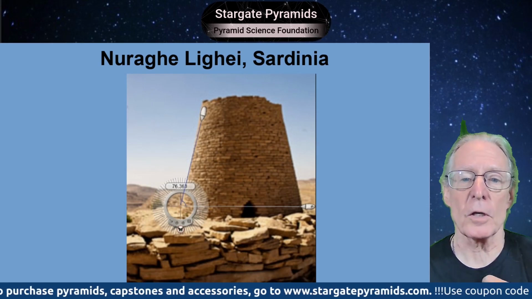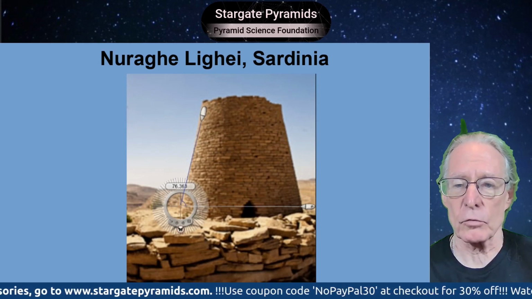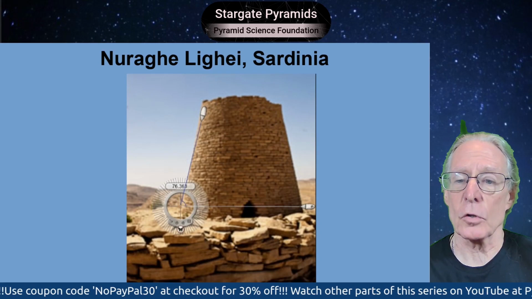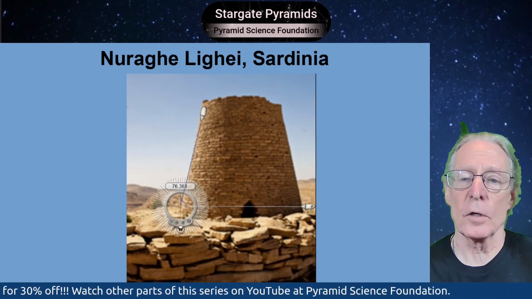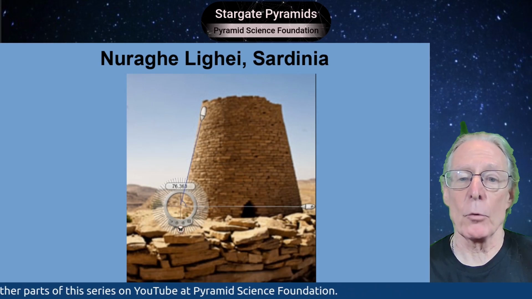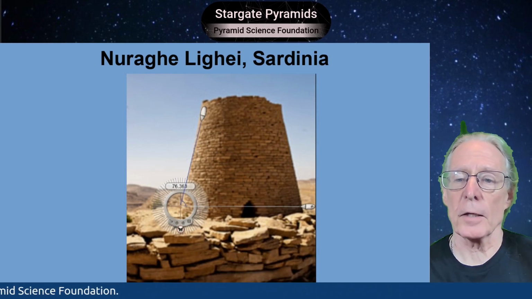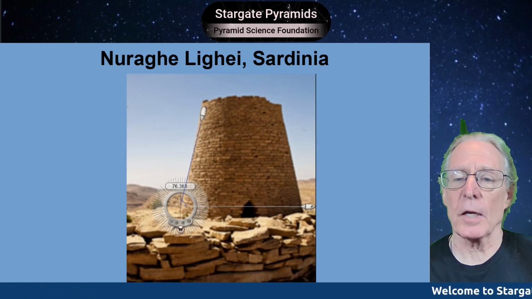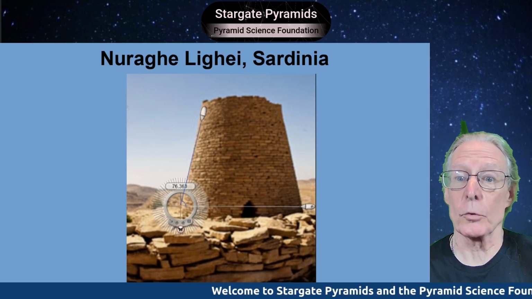I believe personally that they may have been energy transmission or receiving devices of some sort. We find it in ancient Scottish brochs. We also find it in the Great Zimbabwe ruins in Africa. But these specific Nuraghi, under certain methodologies, have been dated back as far as 350,000 years old, which is pretty amazing.